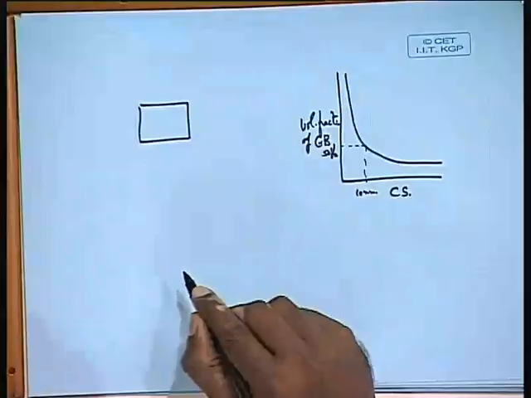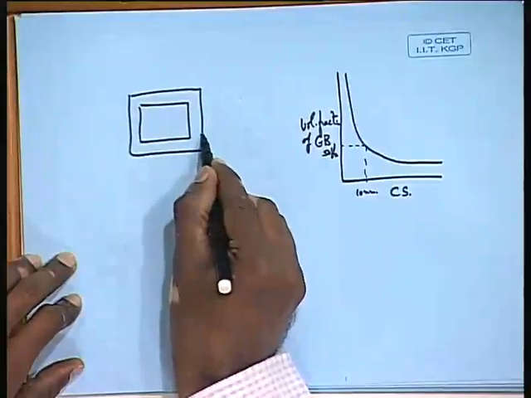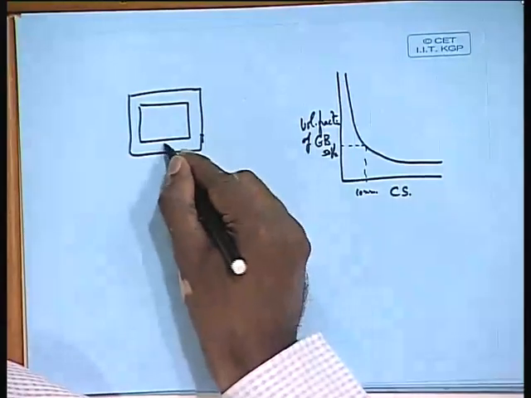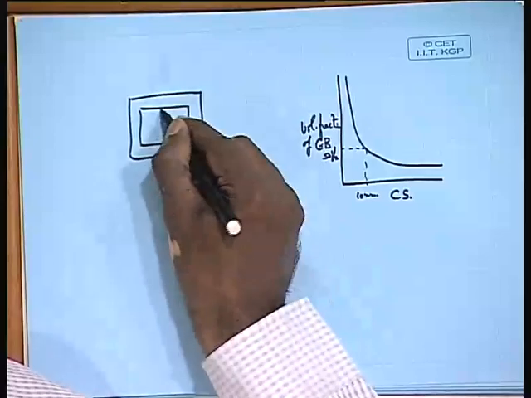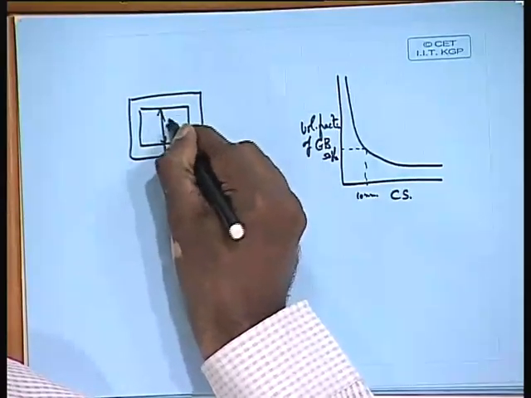Simply assume that you have a grain in the form of a square or a spherical particle, and then imagine a grain boundary thickness of, let us say, delta, and let us say the size of the grain is d.